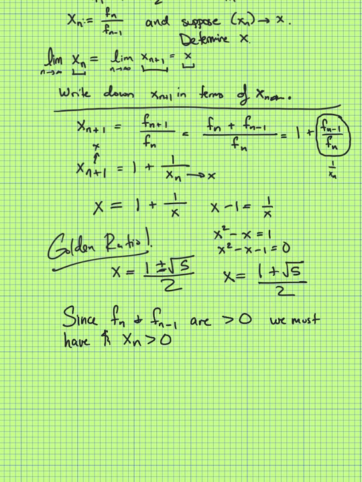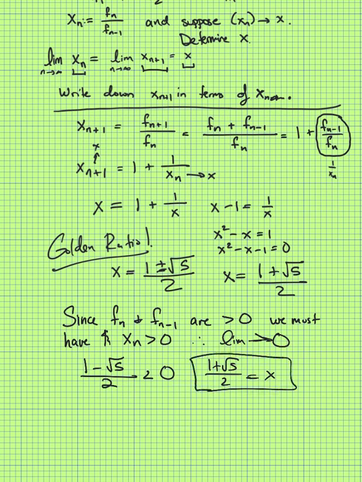Therefore, the limit has to be positive if it converges, okay? So the limit is greater than 0. And on the other hand, 1 minus the square root of 5 over 2 is negative, so this is the limit. Okay, so I'm going to stop there. Thanks.